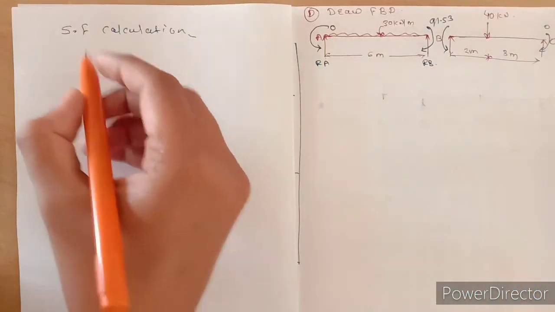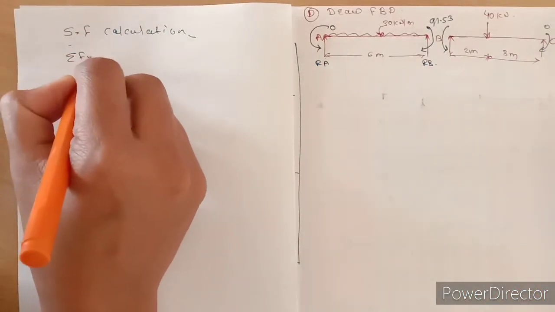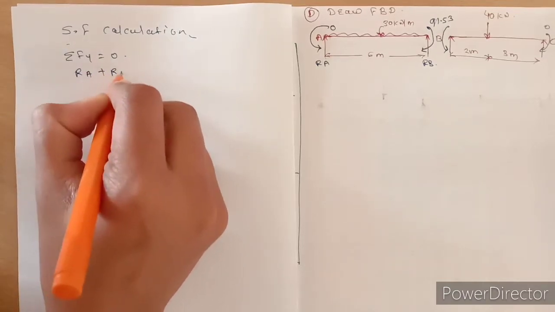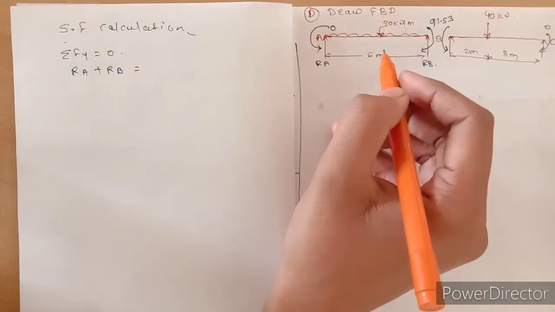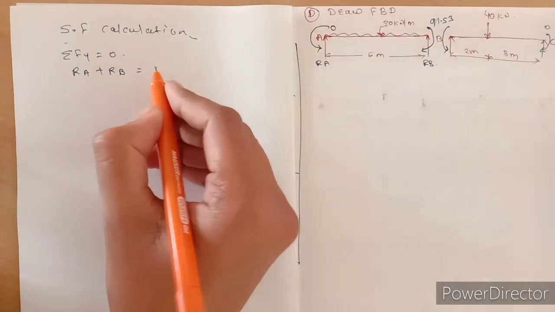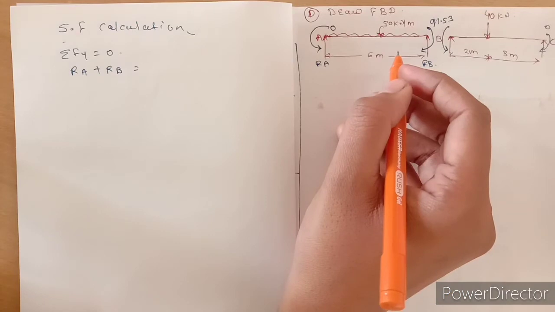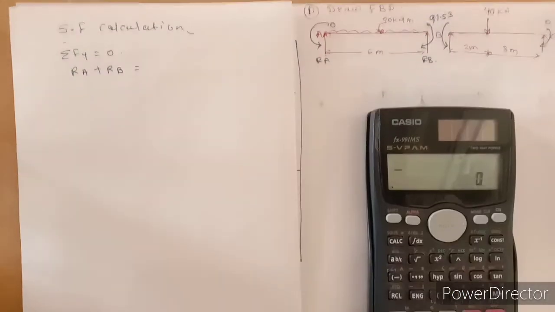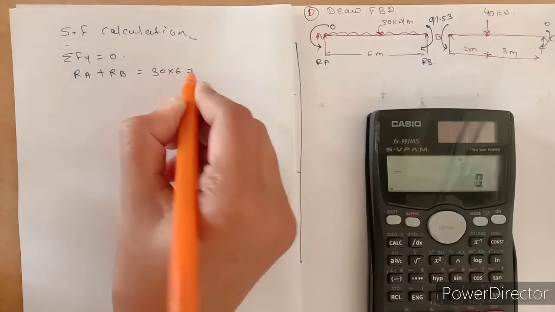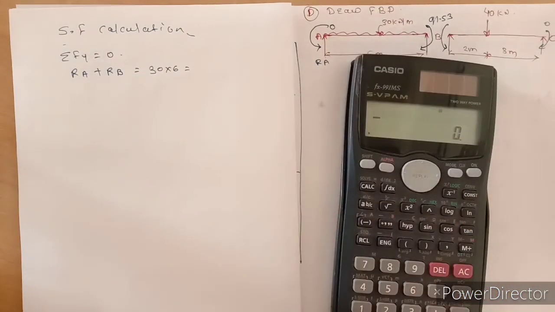That means first summation Fy is equal to 0. That means RA plus RB is equal to 30 kilonewton per meter into 6 meter. That means 30 multiplied by 6 is nothing but 180.